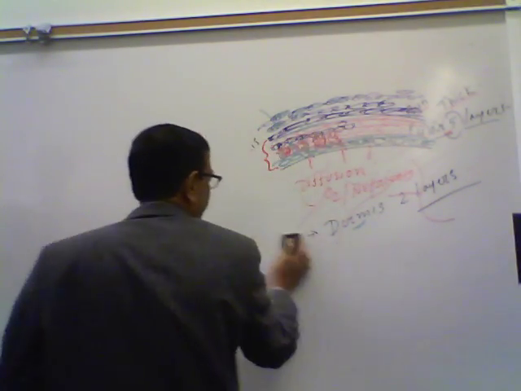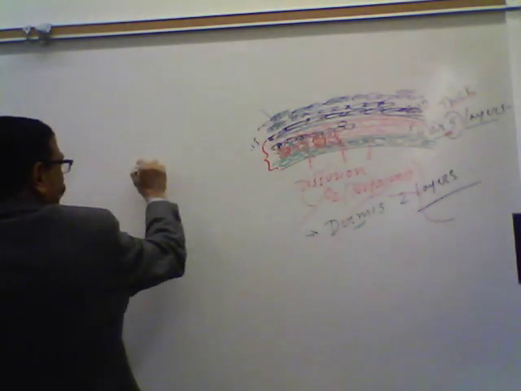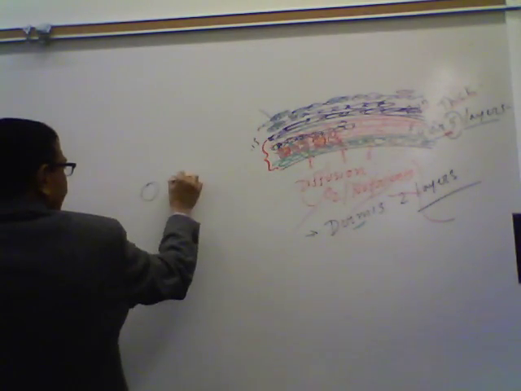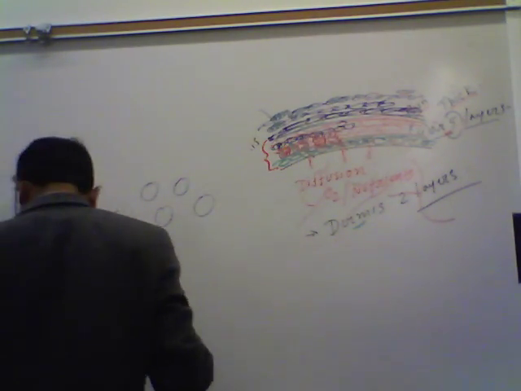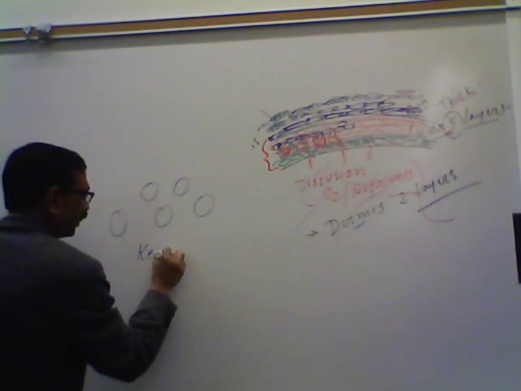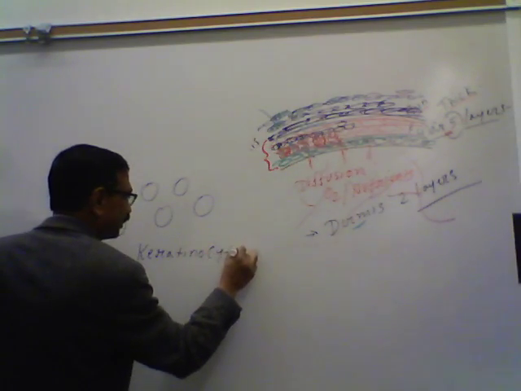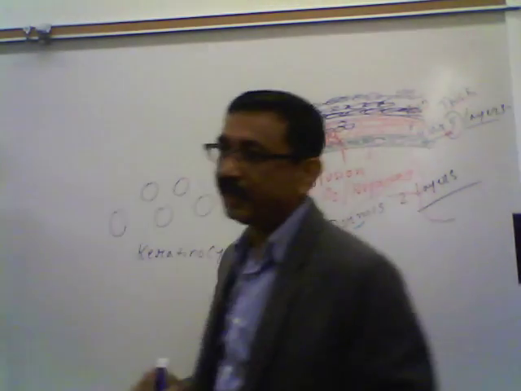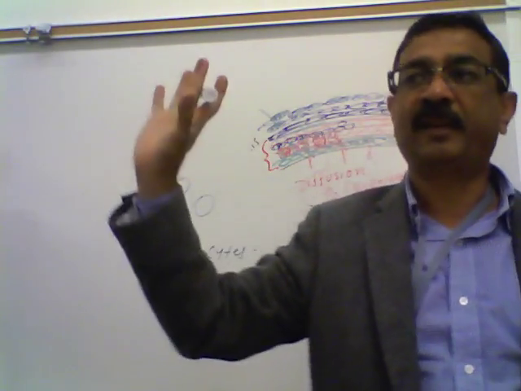There are two types of cells in the epidermis. One type of cells are called keratinocytes. These keratinocytes do what? They produce and secrete keratin.